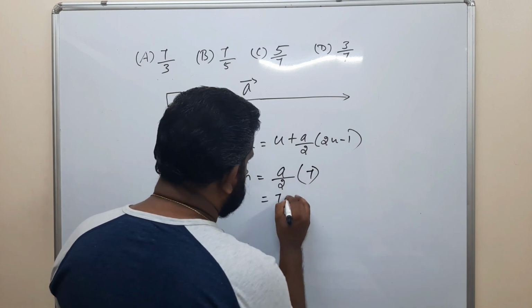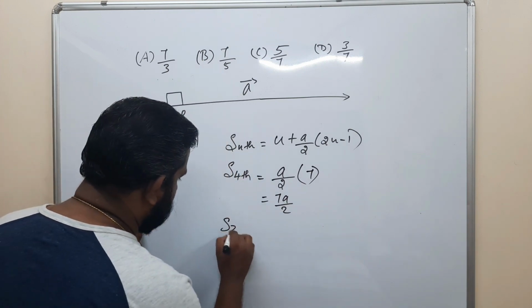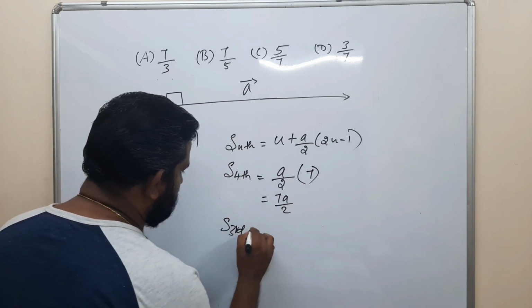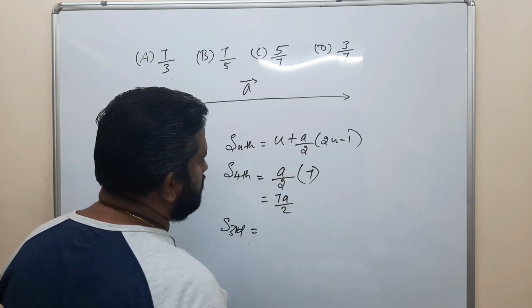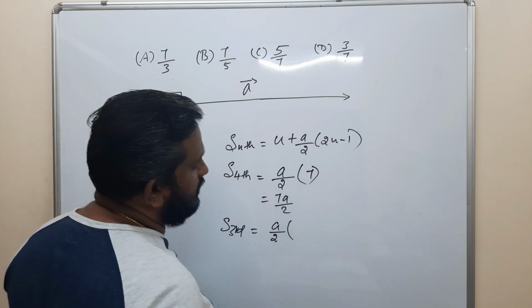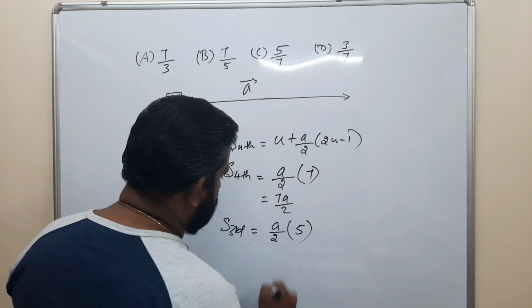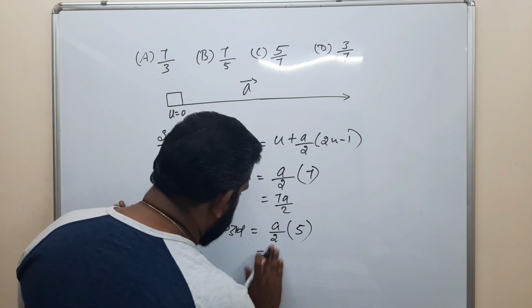So that's equal to 7a by 2. And for the 3rd second, initial velocity 0, a by 2 into 2 3s are 6, 6 minus 1, that is 5. So that's equal to 5a by 2.